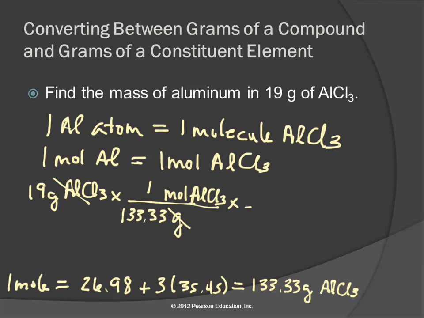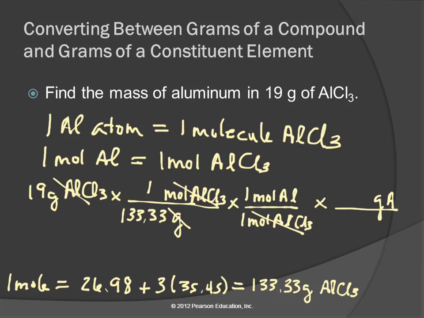So if we're trying to be thorough and write everything out, we can write it like this: 1 mole of aluminum per 1 mole of aluminum chloride. And those units cancel out. Now we're left with moles of aluminum, but the question wants mass of aluminum. So now we need to use the molar mass of aluminum, which is 26.98 grams for every 1 mole.